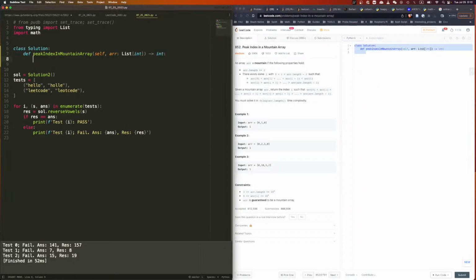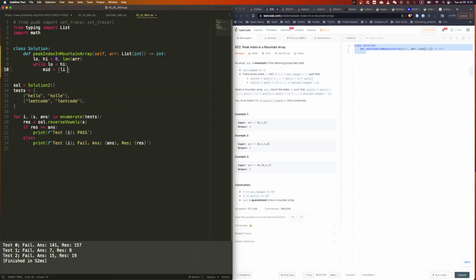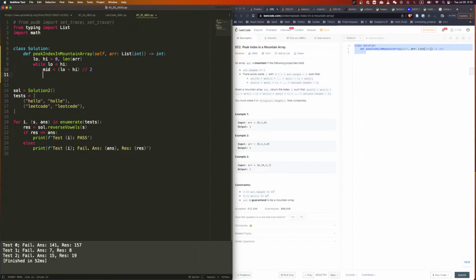All right, so binary search, low and high: 0 and len of array. Then while low is smaller than high, mid is the average. It exists, so I don't have to check. Middle becomes 0, so no, it's fine.